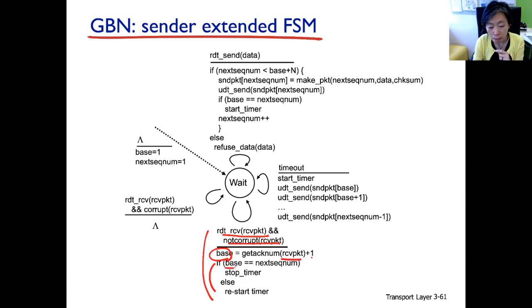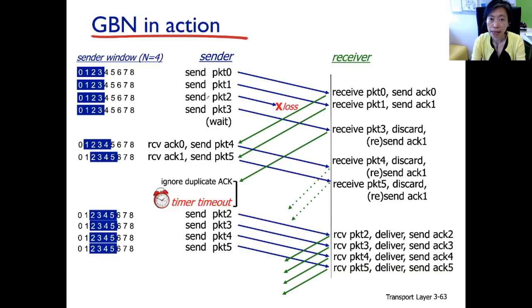Only when the base and the nextseqnum are equal do we stop the timer, because the window is empty, meaning no yellow packets at all, since nextseqnum is the first blue. Otherwise, restart the timer.